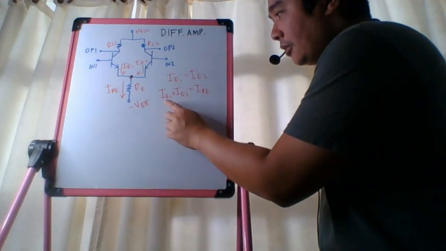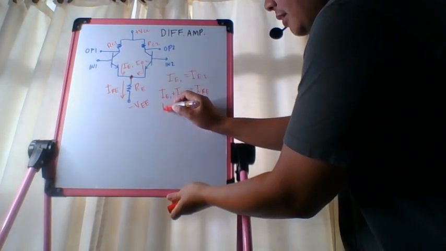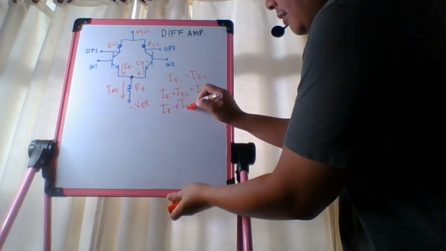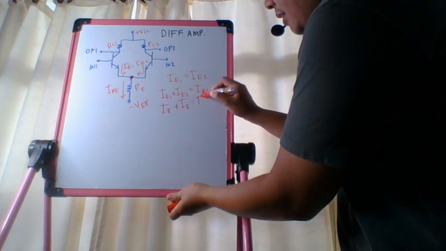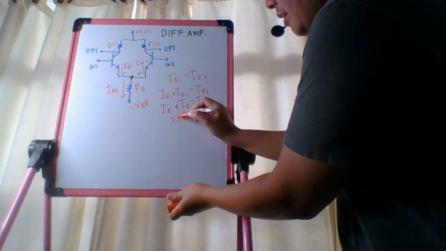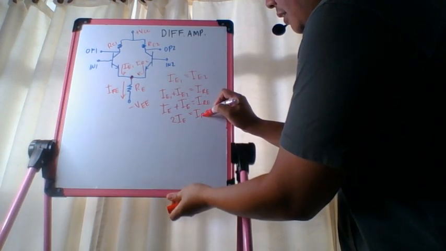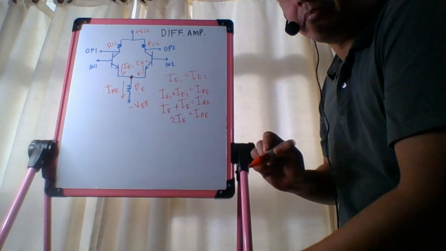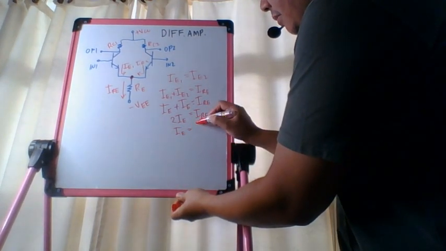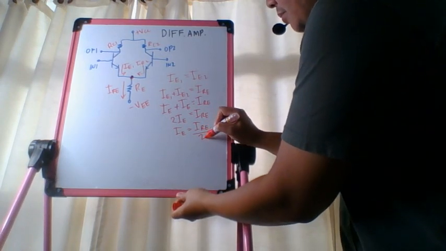And since the two emitter currents are equal, we can write it as IE plus IE is equal to IRE, which gives us 2IE is equal to IRE. Therefore, IE is equal to IRE divided by 2.